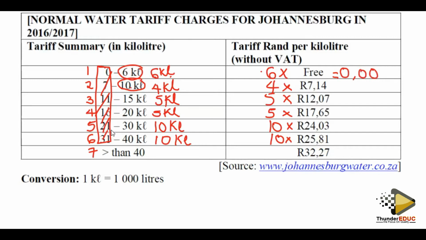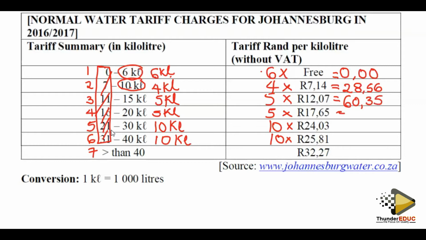It's free. Whereas this one here, once we punch these numbers into a calculator, which is 4 times 7 rands 14 cents, you end up having 28 rands 56 cents. We come here, we multiply 5 times 12 rands 07 cents. We end up having 60 rands 35 cents.